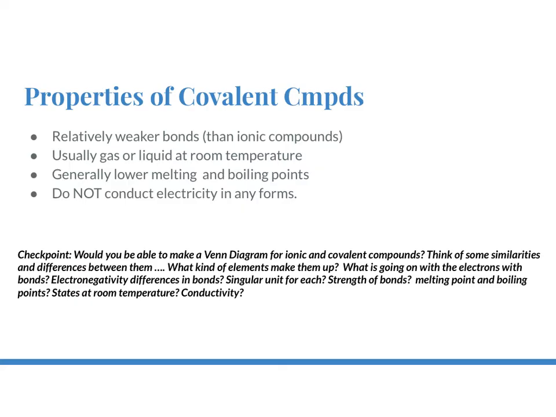So what's the singular unit for a covalent compound versus an ionic compound? The strength of the bonds relative to each other, strength of the melting and boiling points and how they relate to each other, the states at room temperature, and then conductivity.